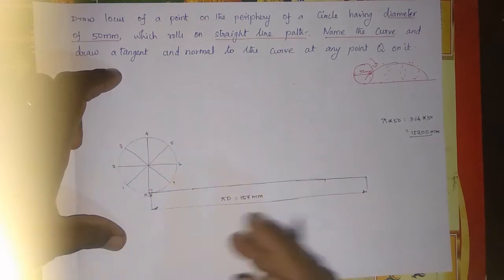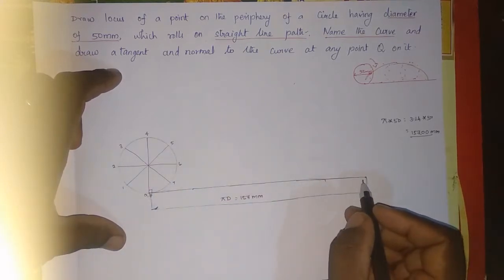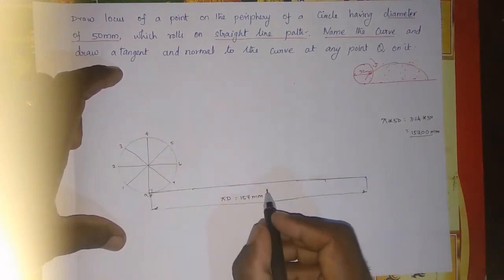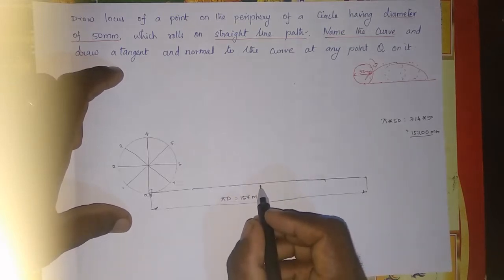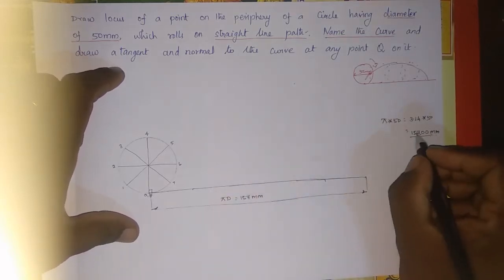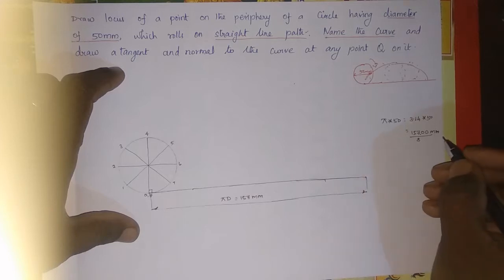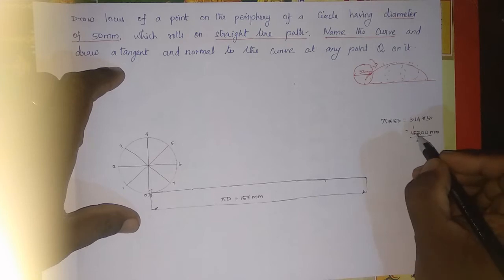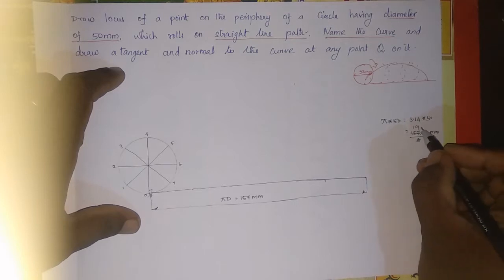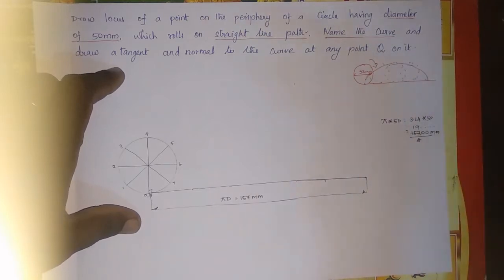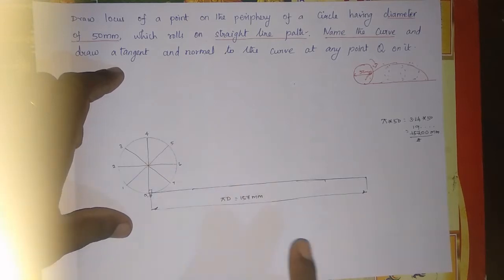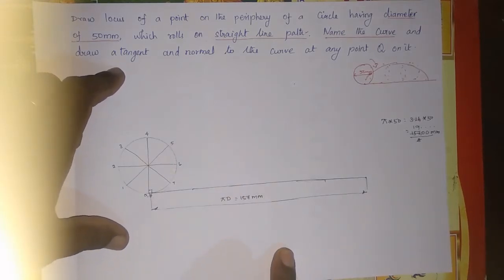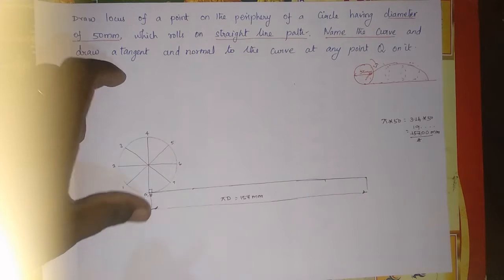Similarly, I am going to divide this pi d into 8 equal parts. How will we divide this into 8 equal parts? When I divide by 8, we get fractions, so here we do not have a convenient value for the divisions.